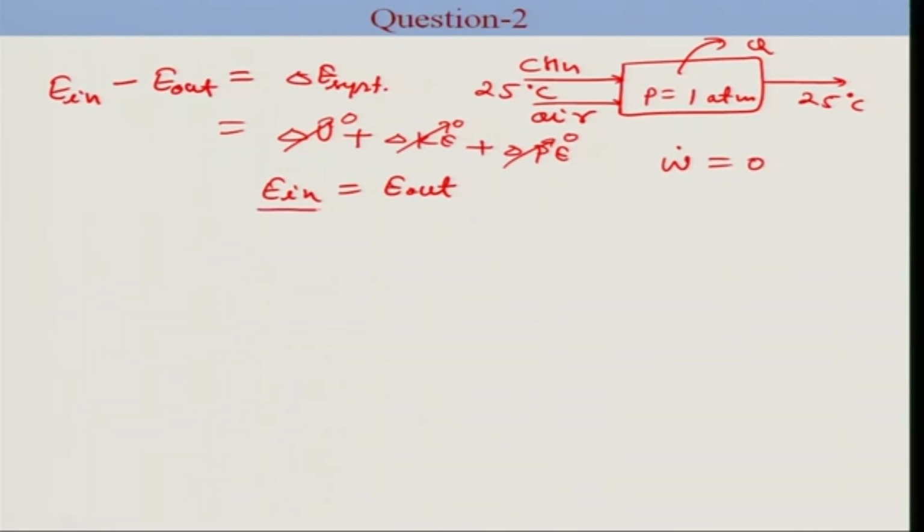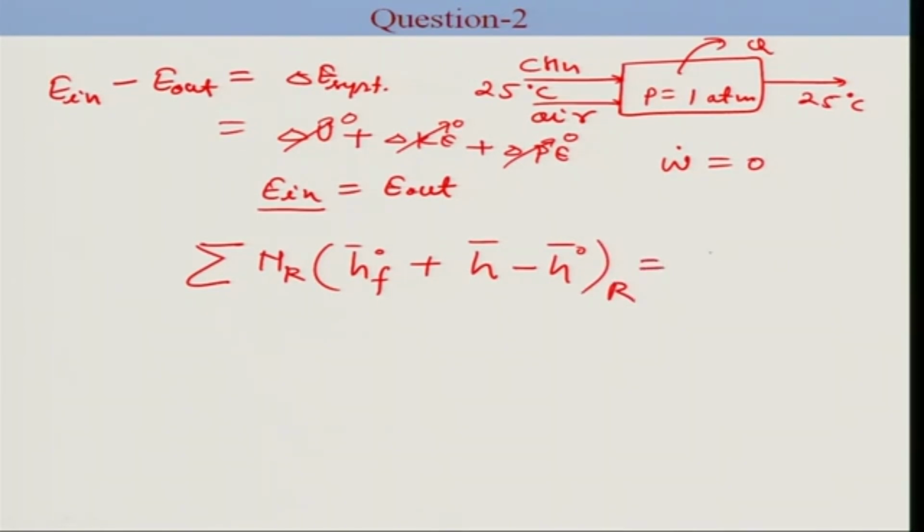So, the total heat coming into the chamber is the heat of the reactant. Okay. So, the heat of reactant is nothing but the number of moles of reactant times enthalpy of formation of reactant at that reference temperature plus enthalpy at working temperature minus enthalpy at reference temperature. Okay.